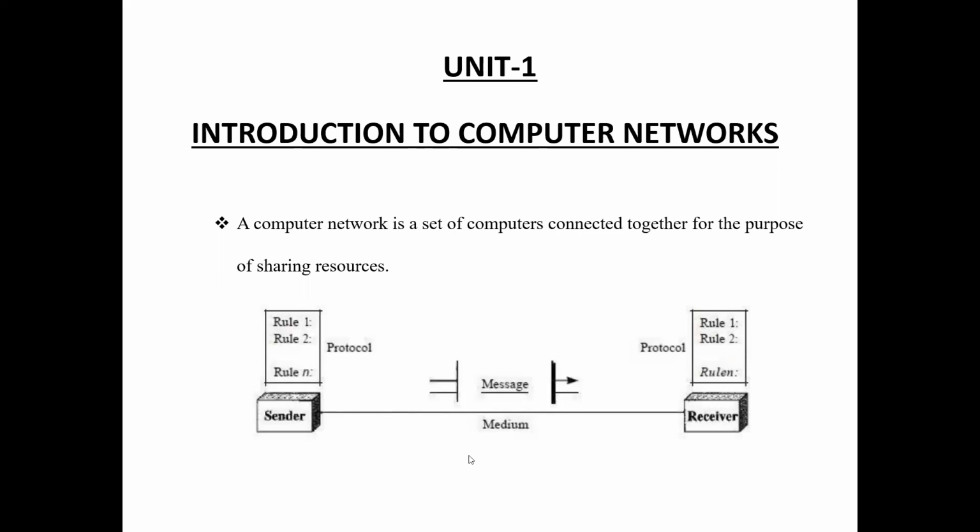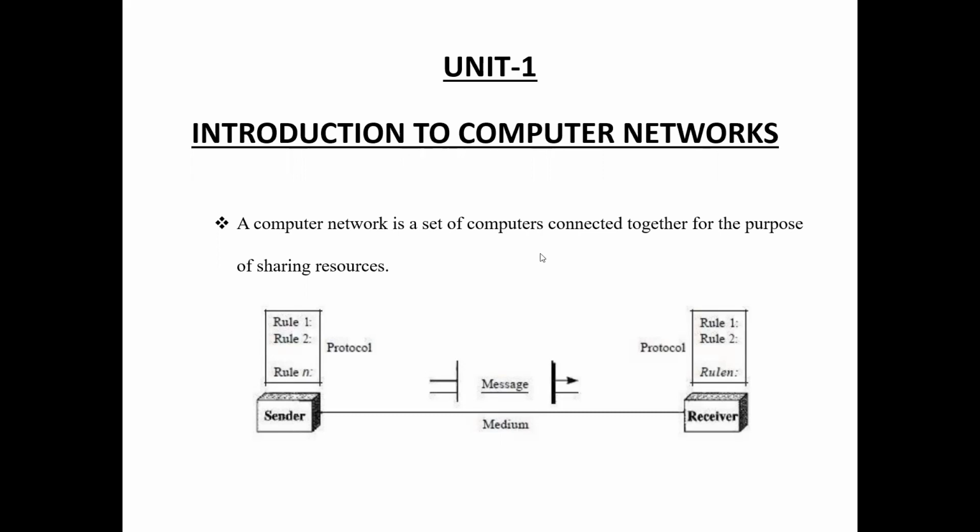So this data communication system has 5 components. The first component is message, the information or data to be communicated. Second, sender, the device that sends the message. Third, receiver, the device that receives the message.